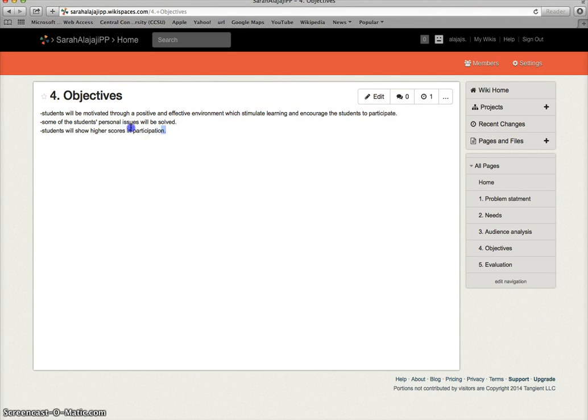You might want to just put, if you find out that they're not speaking, students will volunteer information, or if it's not speaking, students will be able to carry on a conversation with at least 3 changes of speaker. That means that you and I would speak, and then I'd speak, you'd speak, I'd speak, you'd speak. So that's a good way to measure whether there's fluency, if you have a conversation where the answers are going back and forth. So you might have 1 or 2 of those, which is good.